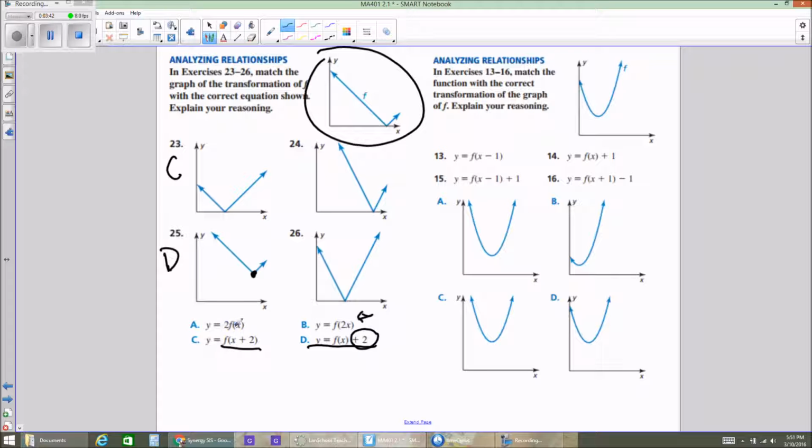Okay, over here you have the 2 in front of the function, so you're just multiplying the function by 2. And 2 is greater than 1, so that should be a stretch away from the x-axis.